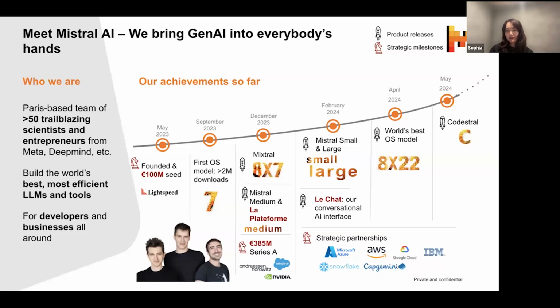And in April this year, we released, at the time, the best open source model, 8x22B. It was really good. And just last week, we released CodeStraw, which is a specialized model trained on 80 plus programming languages, and you can use it with various VS Code plugins to generate code and talk with your code.